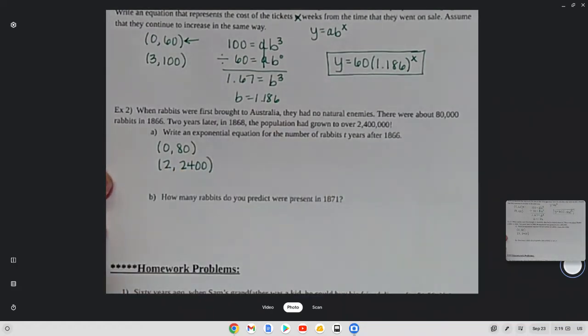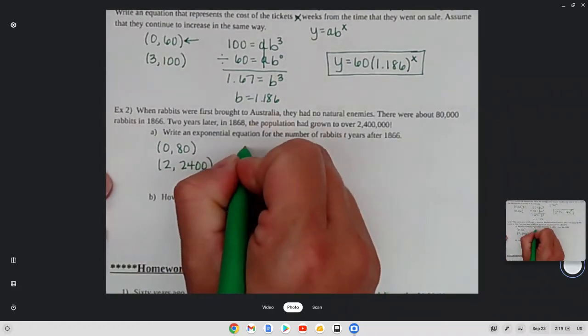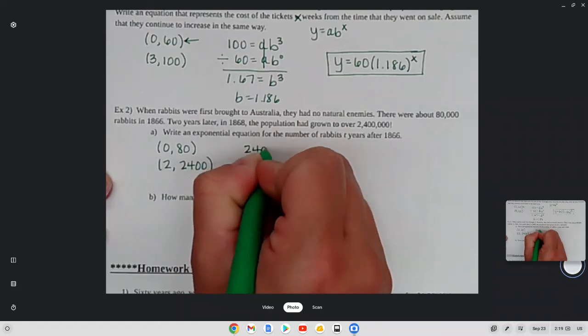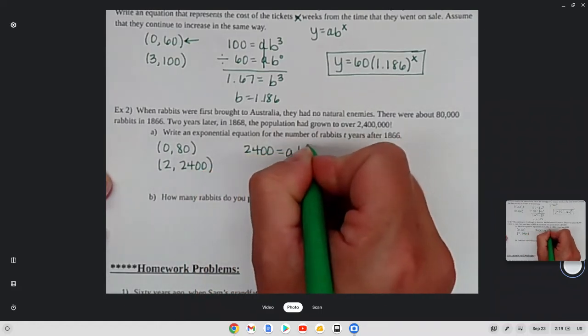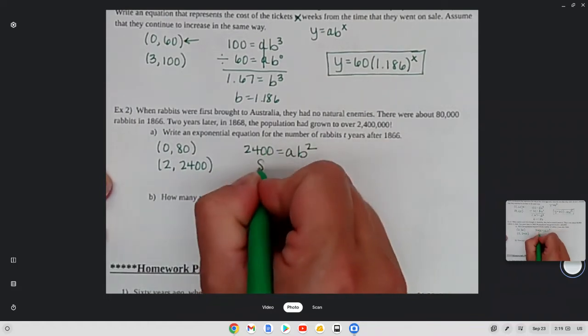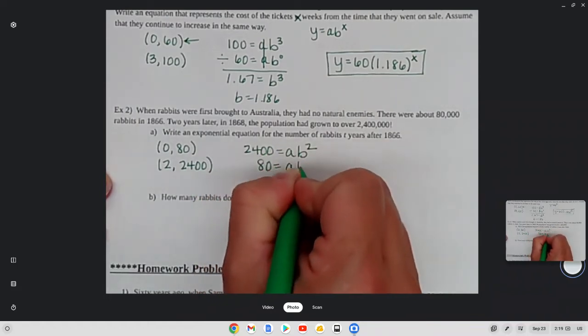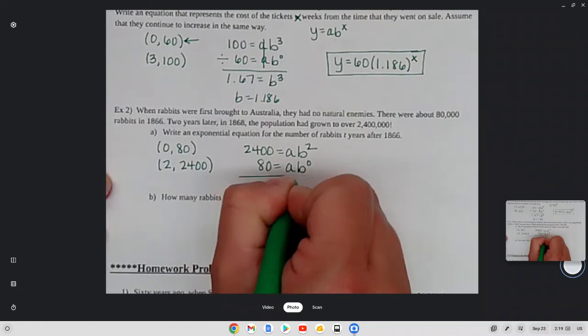I just took the 3 zeros off of there so I wouldn't have to write so many zeros. Okay, so I'm going to make my equation. 2,400 equals AB squared, and 80 equals AB to the 0.